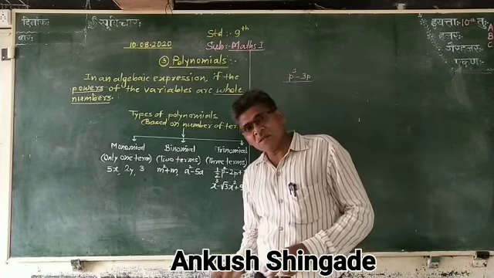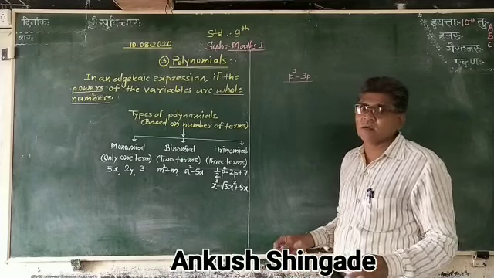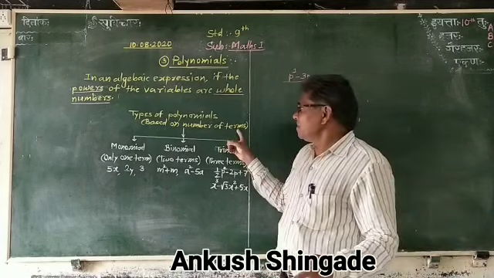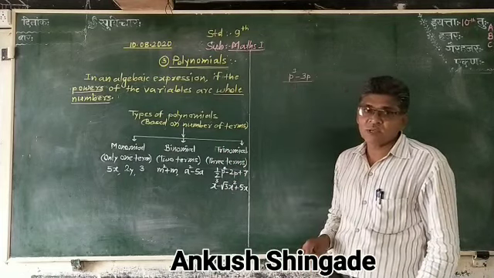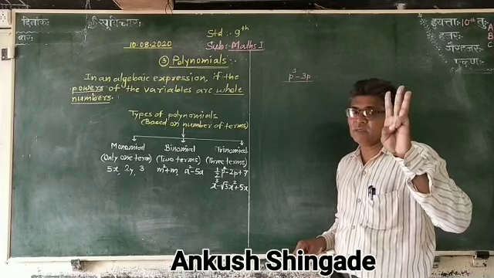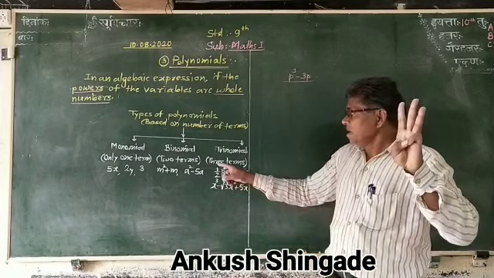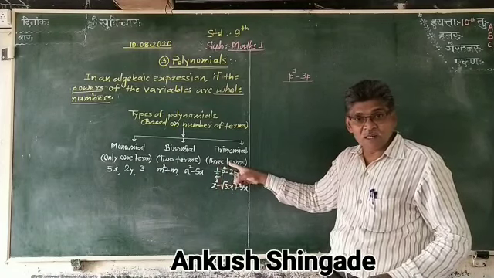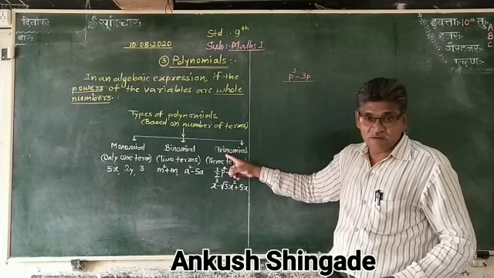Similarly, the third type of polynomial based on the number of terms is a trinomial. Tri means three. If in the given polynomial there are three terms, then it is a trinomial.